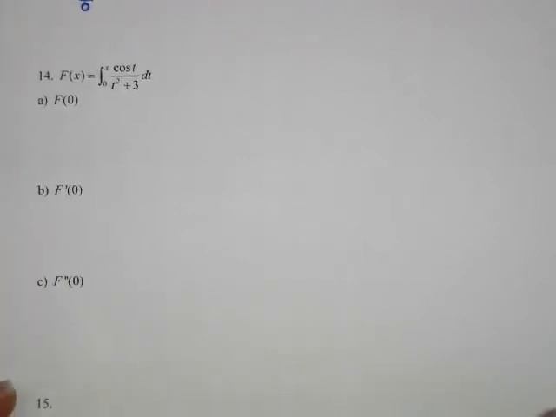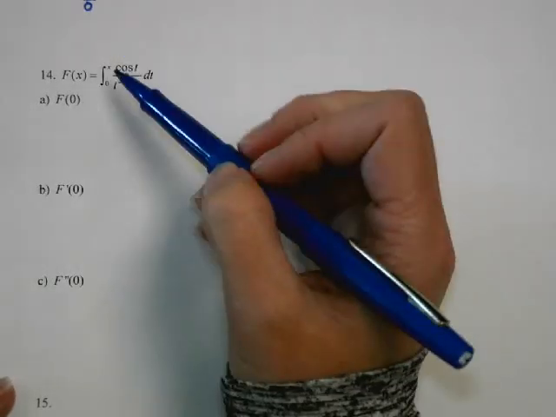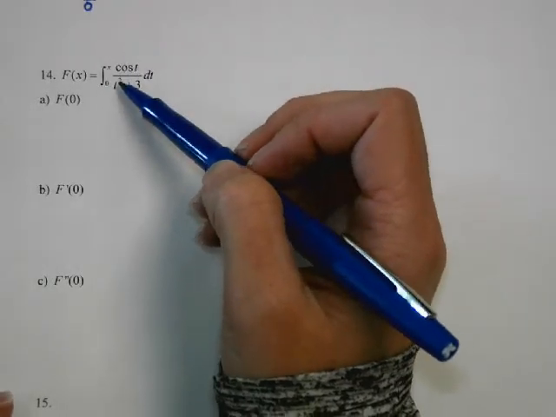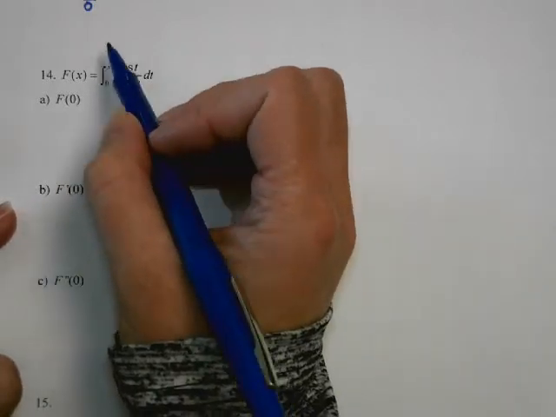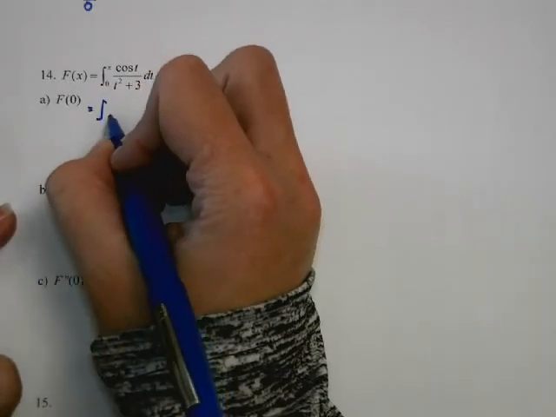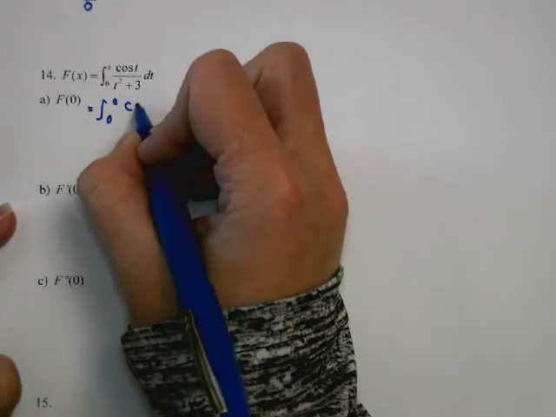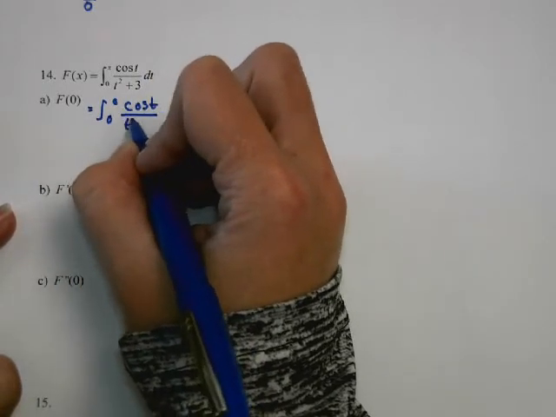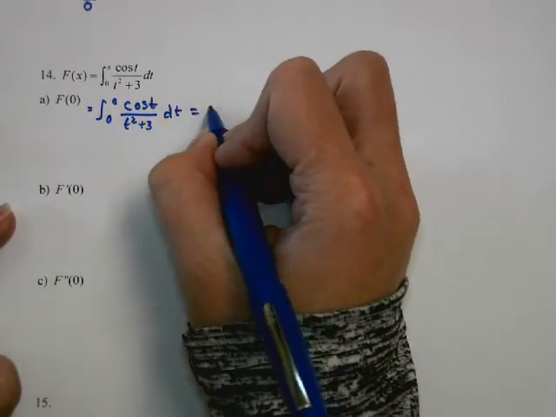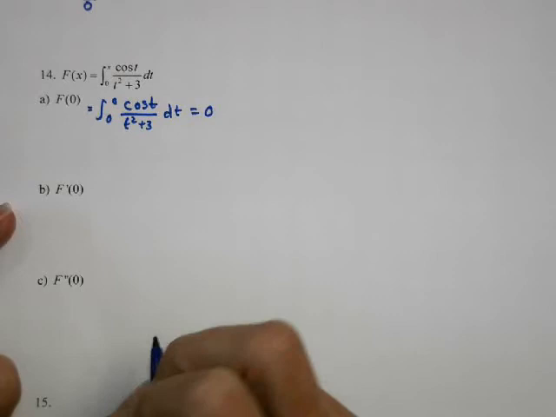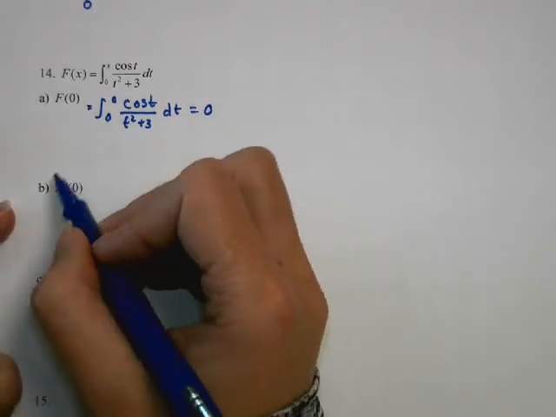All right. So we have a function from 0 to x of cosine t over t squared plus 3. F of 0 is going to be the integral from 0 to 0, so that's simply going to be 0 because the integral from the same thing to the same thing is 0.